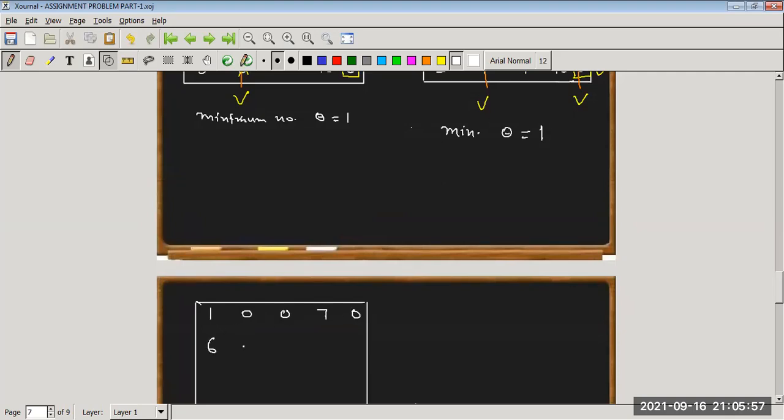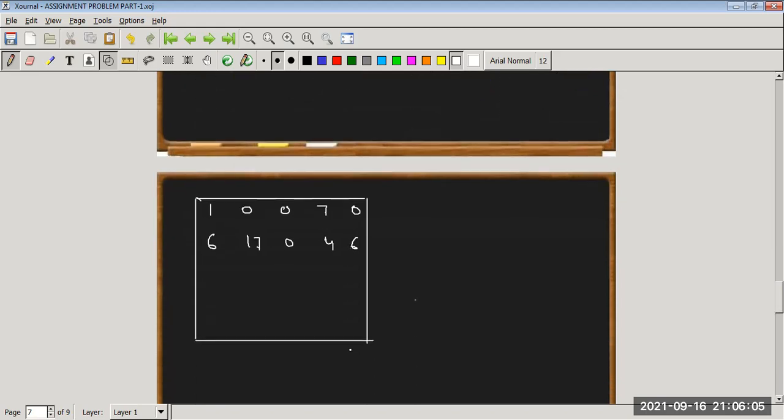So second you can check, it will be 6, 17, 0, 4, 6. So I write the matrix. You can check this: 0, 3, 2, 0, 1, 5, 0, 0, 3, 1, 2, 1, 6, 9, 0. So this becomes the new cost matrix.